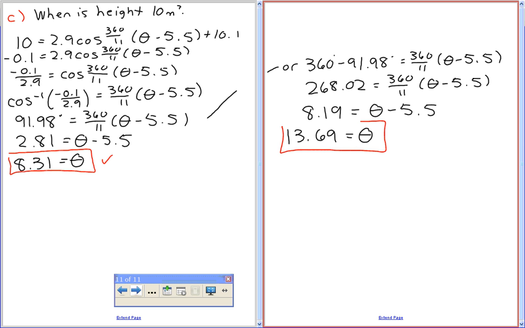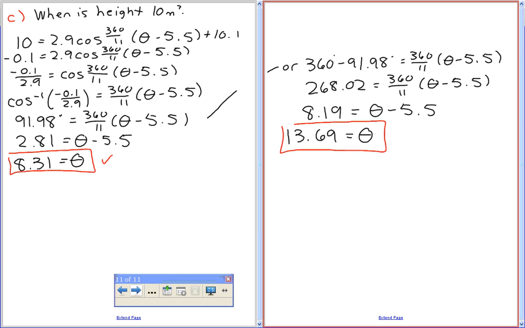Now, I'm gonna slow down here and get you worked out. Okay, because this is where life gets difficult. And it's not difficult. What do we do to get more answers? Add the period. Now, how do we get the period? Because you can do a whole bunch of different things. I'm not going to do 360 divided by 360 divided by 11. Okay. We were told right at the beginning our period is 11, right?